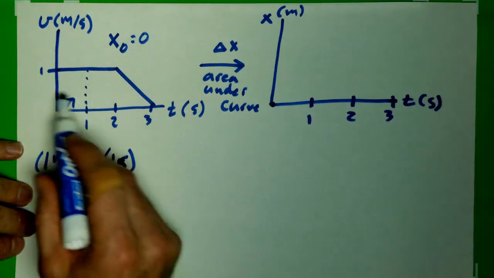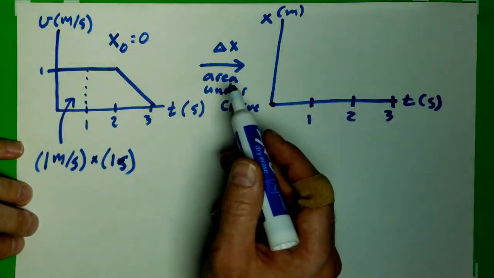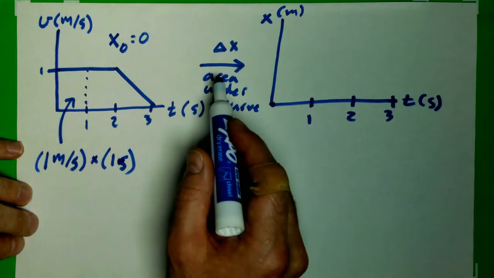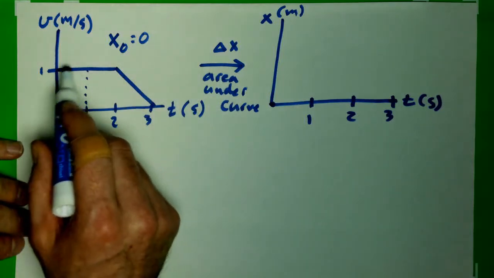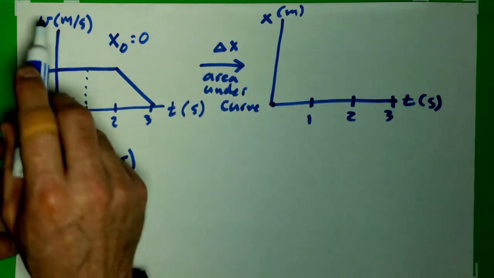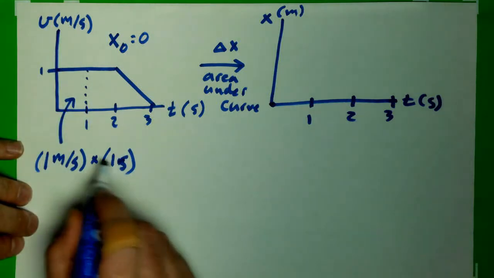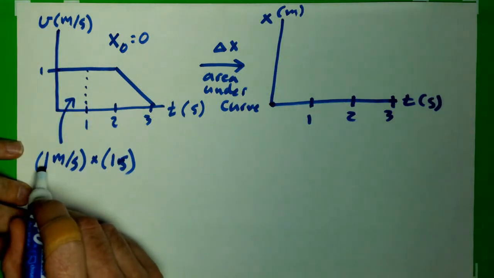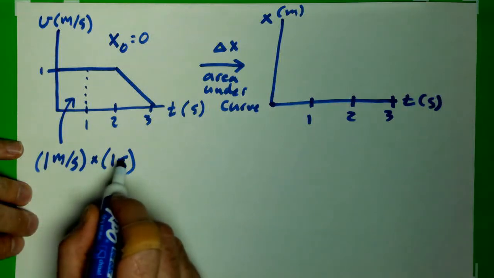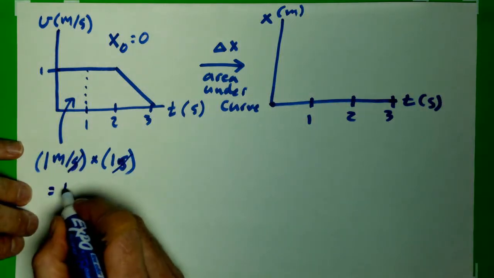Often when we say area we think meters squared, but we're not talking about a physical area, we're talking about an area on a graph. This graph doesn't have dimensions of length times length, it's meters per second times time. So our area is 1 meter per second times seconds. The seconds cancel, I'm left with 1 meter. So this equals 1 meter.